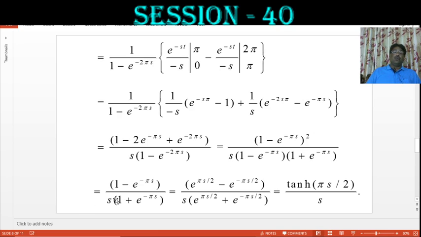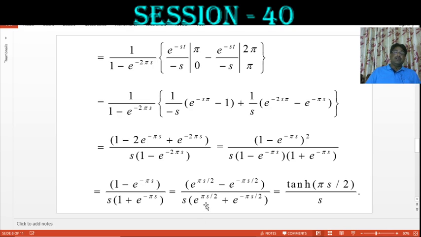We are getting 1 minus e raised to minus pi s divided by s into 1 plus e raised to minus pi s. Dividing both numerator and denominator by e raised to minus pi s by 2, this divided by s as it is, 1 divided by e raised to minus pi s by 2 is e raised to pi s by 2, minus e raised to minus pi s by 2.